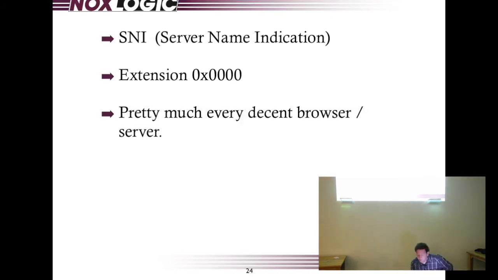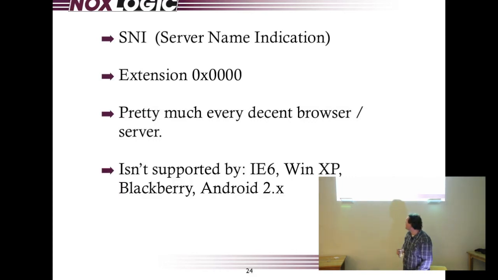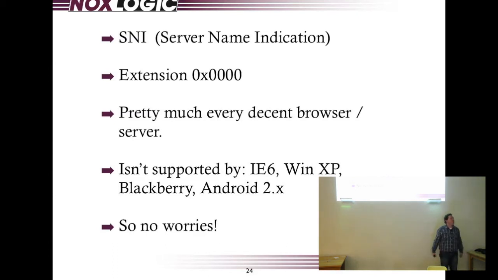However, pretty much every decent browser and server supports it. So not only the server must support it, but the browser must support it as well. It is not supported for IE6, Windows XP, BlackBerry, Android 2.6, or 2. Whatever. So not a problem.